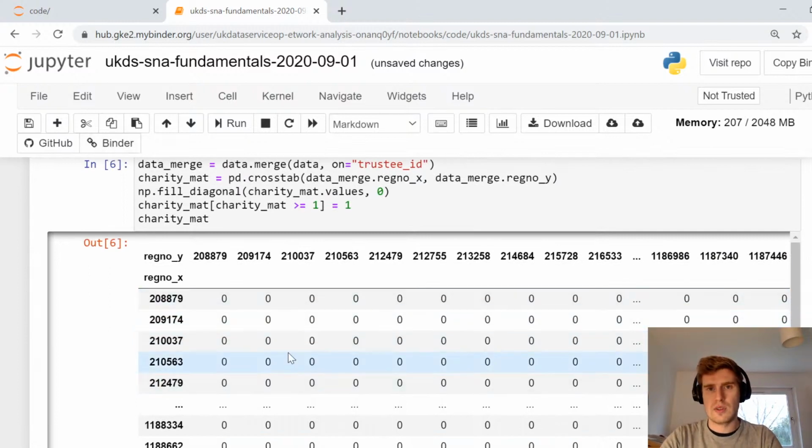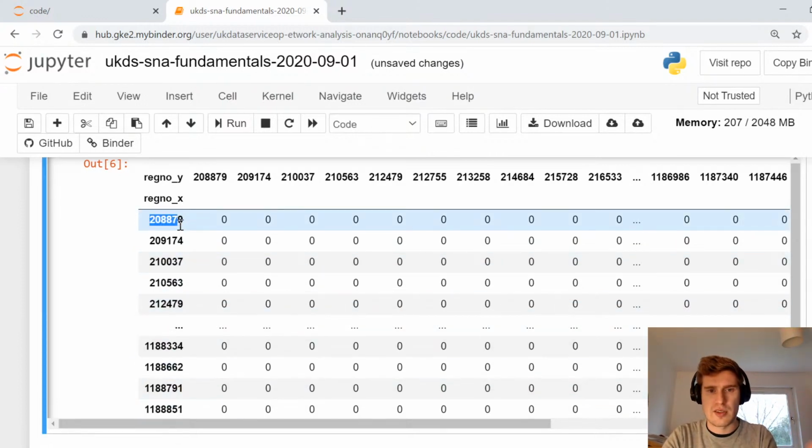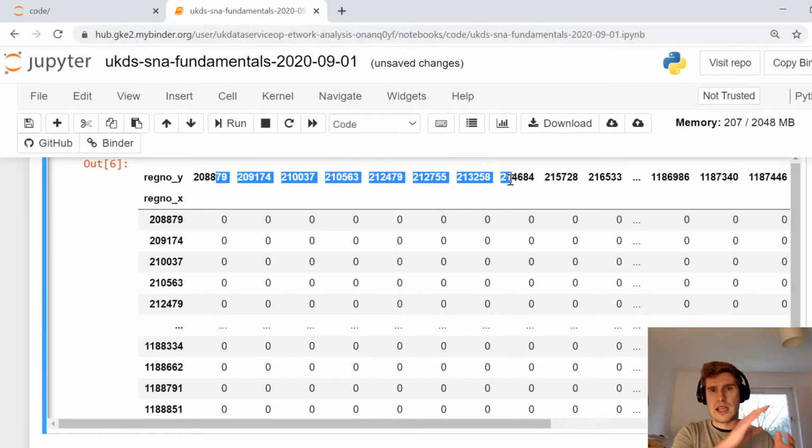Excellent. To give life to what I've just said, now we have all of those 1,123 charities listed individually as rows. So here's charity 208879, a Manchester charity. And along the columns we have the same charities listed again.